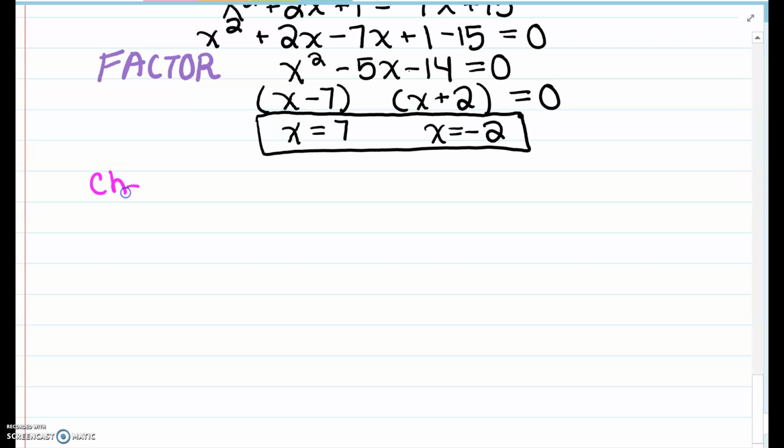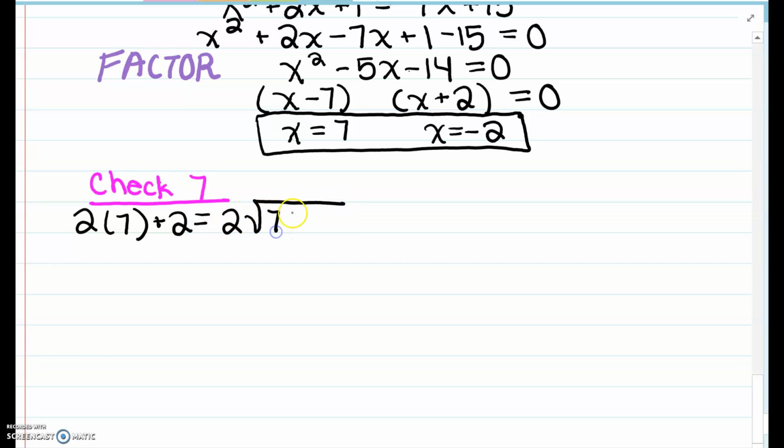So let's check 7 first. We get 2 times 7 plus 2 equals 2 radical 7 times 7 plus 15.